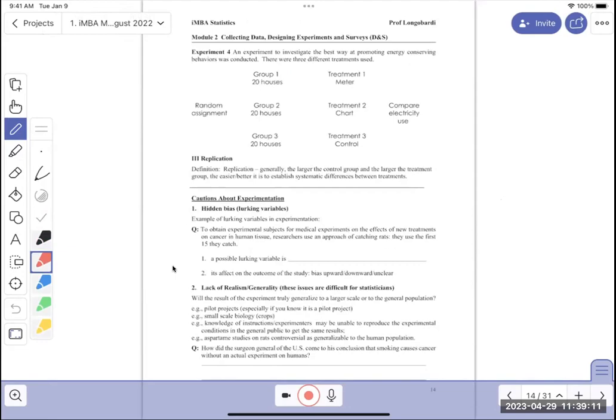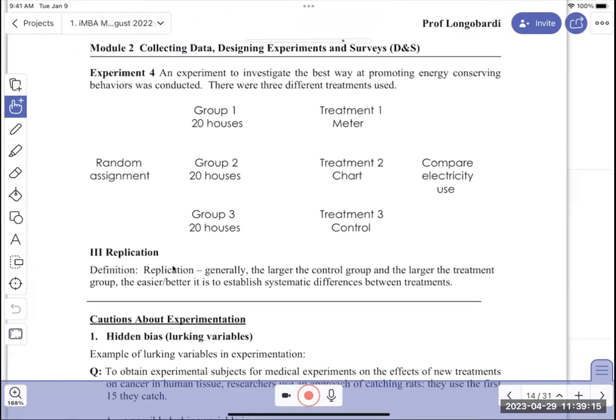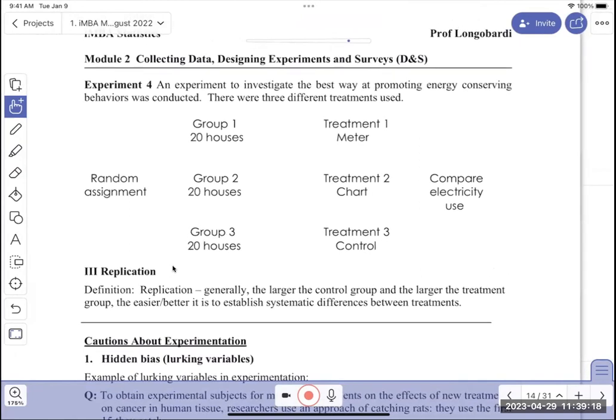All right, so what I want to do next is a different type of experiment to just make the case about how randomization is conducted. We are going to investigate the best way to promote energy conservation.